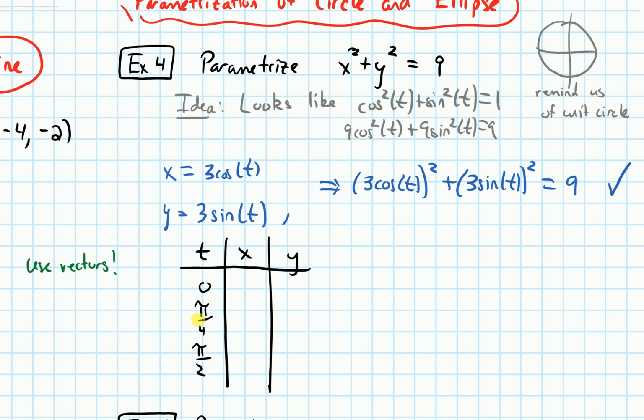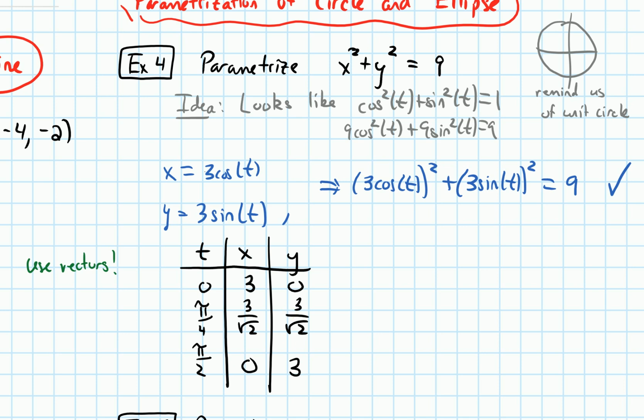Plugging in 0, 3 times cosine of 0 is 3. If I plug in pi over 4, we'll get 3 times 1 over root 2, which is 3 over root 2. Plug in pi over 2, we get 0, because that's what cosine of pi over 2 is. If we do the same thing with the y, we'll get 0 here, because sine of 0 is 0. We'll get 3 over root 2 here, and then when we plug in pi over 2, sine of pi over 2 is 1, and when we multiply that by 3, we get 3.